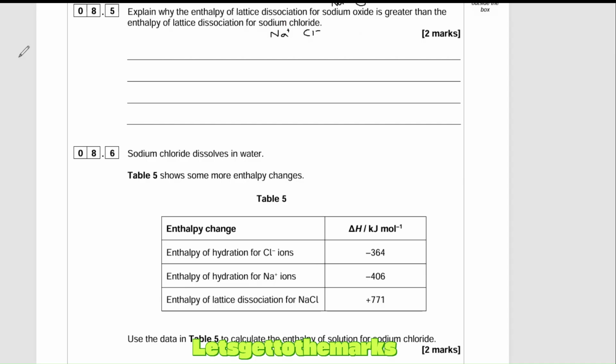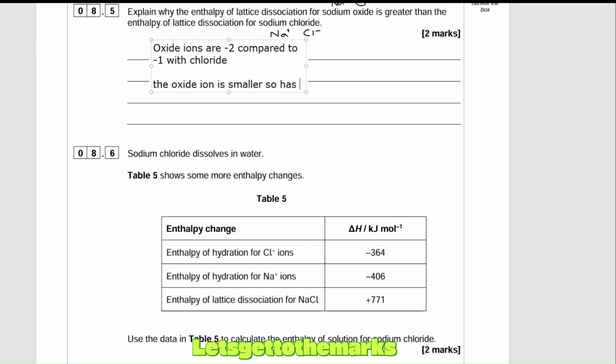So our first point is that the oxide ions are -2 compared to -1 with chloride. And then the second point is the oxide ion is smaller, so has a higher charge density.